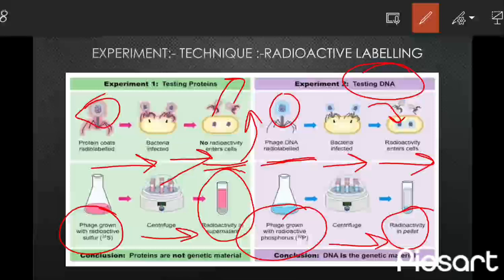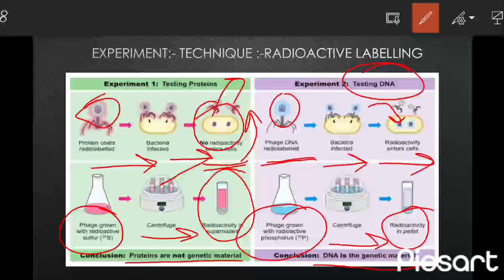Radioactivity was observed in the pellet, not in the supernatant. Thus it was concluded that proteins are not the genetic material, but DNA is the genetic material, because DNA is passed into the bacterial cell, but proteins are not passed into the bacterial cells, as no radioactivity was observed inside the cells.